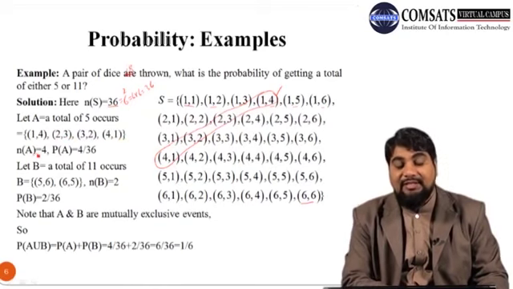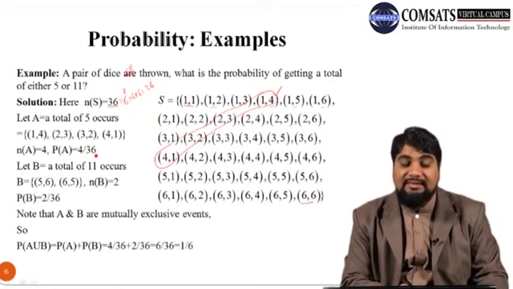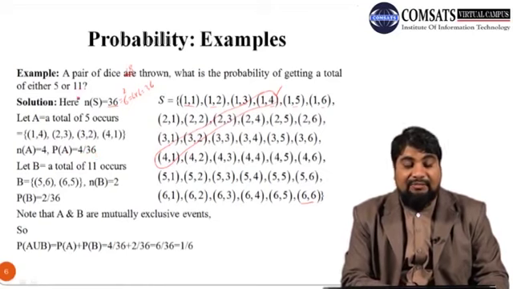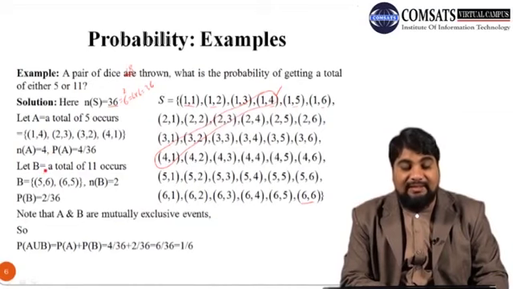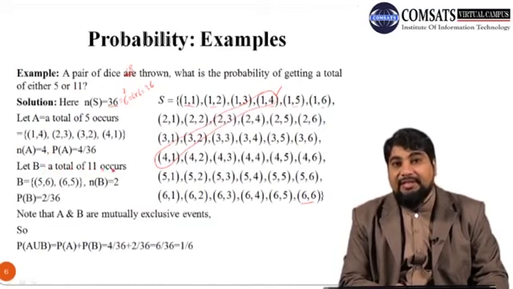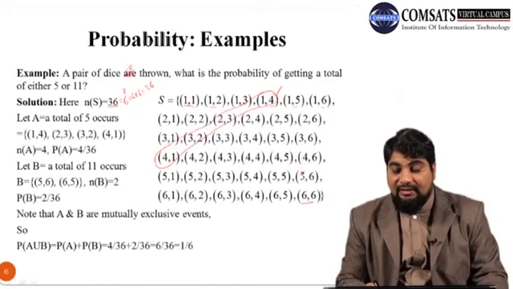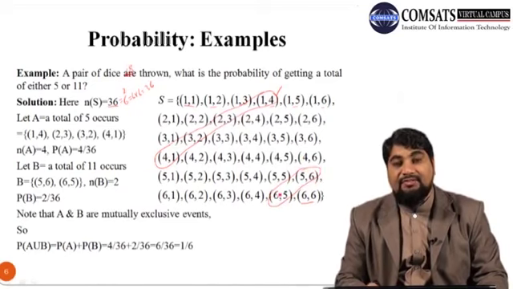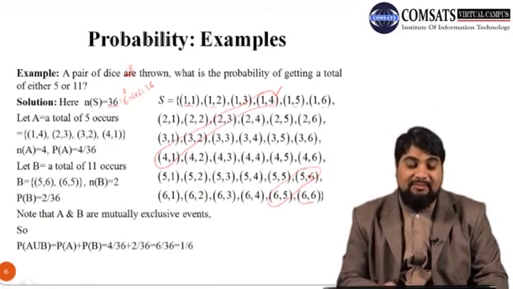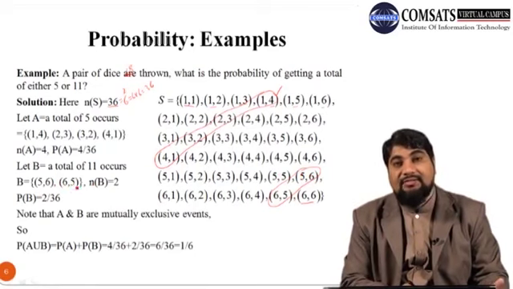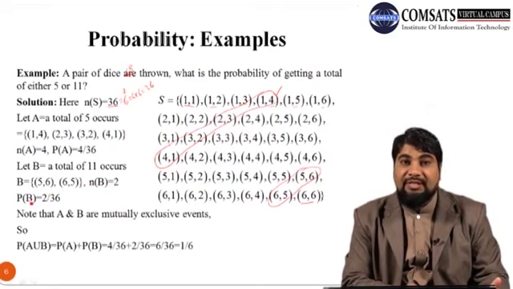So the number of sample points in A is 4, and the probability of A is 4 out of 36. Then define the event B that a total of 11 occurs. A total of 11 means we have (5,6) and (6,5). So N(B) is 2, and the probability of B is 2 out of 36.